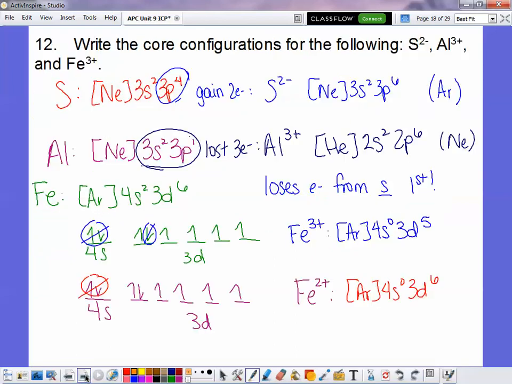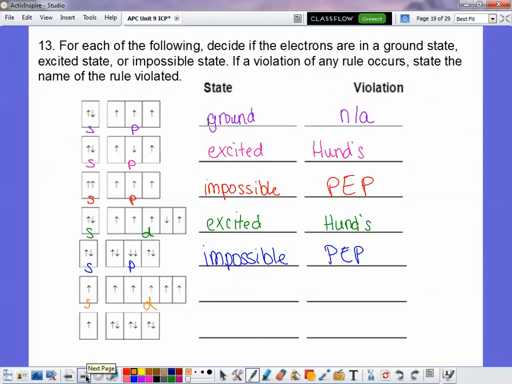We were filling in the S, and instead of having our last electron going down in the S, it's just so much easier to go into the D. So this is still ground state. So we didn't violate a rule here. This is just the chromium family. This is representing some element from that chromium group: chromium, molybdenum, tungsten, or seaborgium.